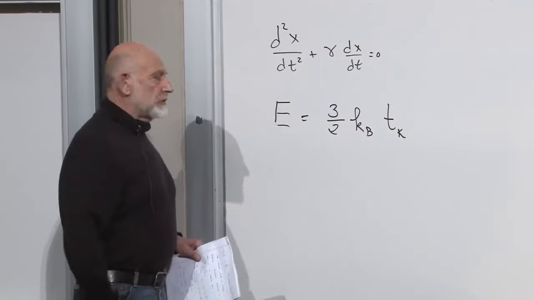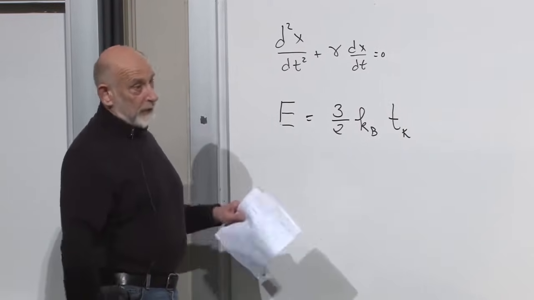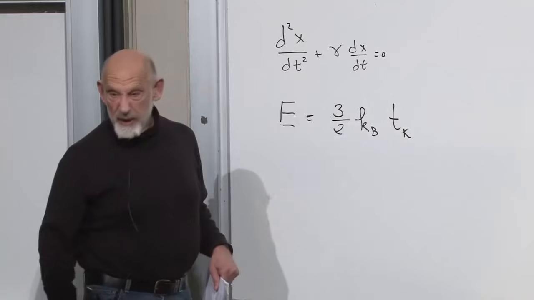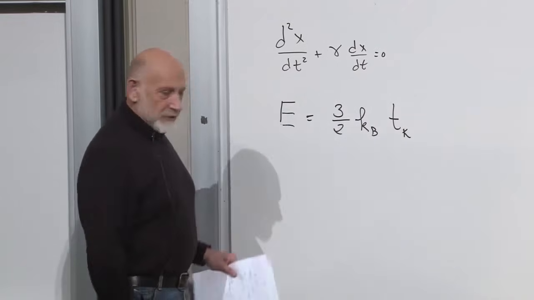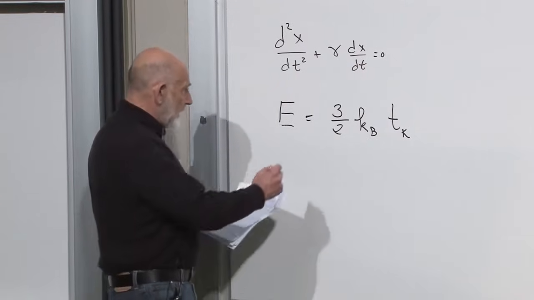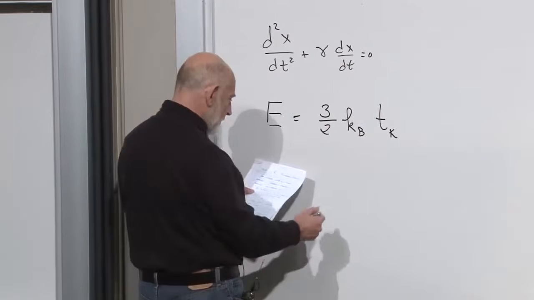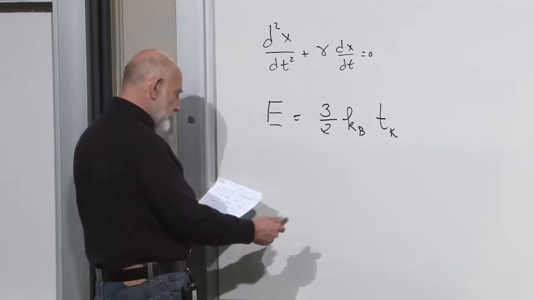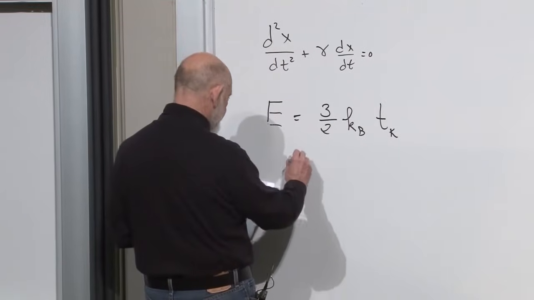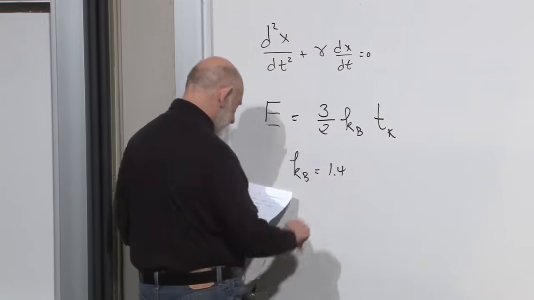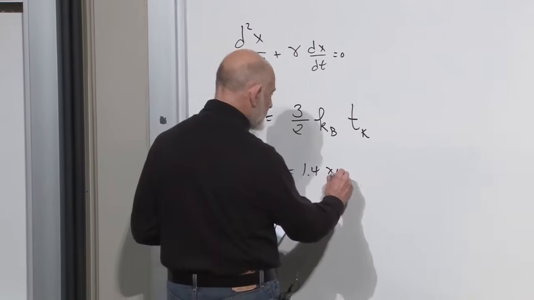The energy of a single molecule is clearly very, very small, and so 300 is pretty big. E is terribly small. K Boltzmann is very small, and this number in human units, meaning standard units, meters and so forth, K Boltzmann is about 1.4 times 10 to the minus 23rd.